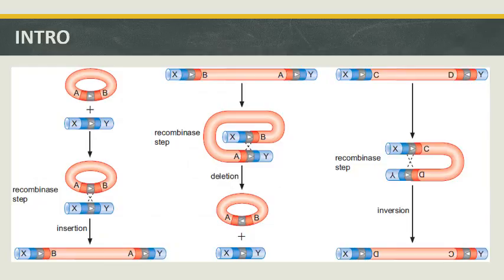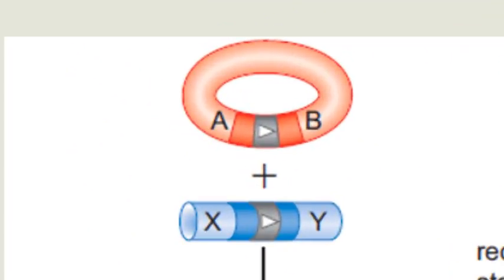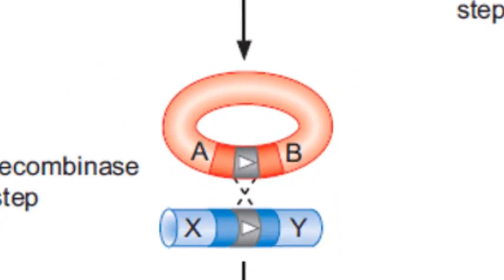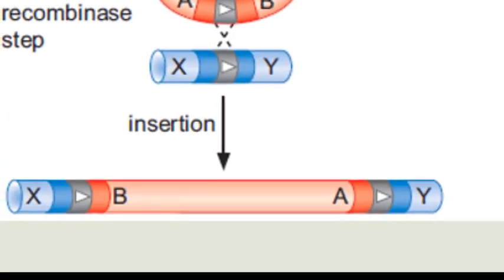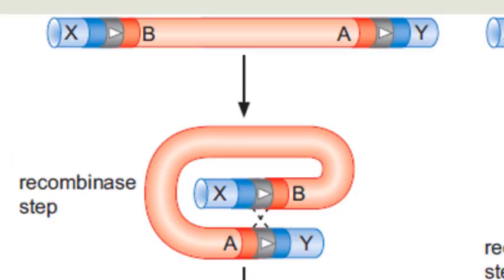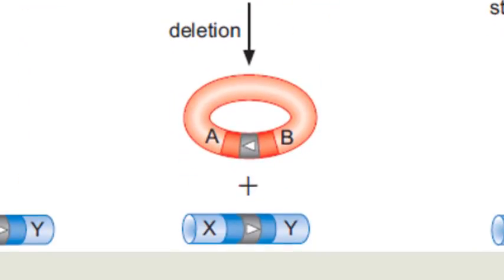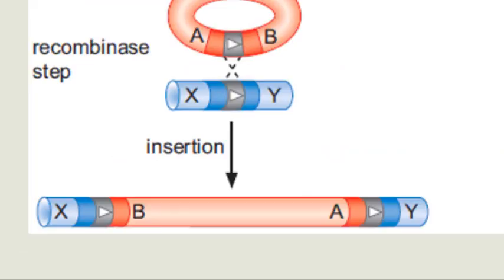This particular diagram is showing the outcome of recombination. As you can see, there are three possible outcomes of site-specific recombination. In the first one, on the left, a DNA molecule is inserted. So the first one is insertion.